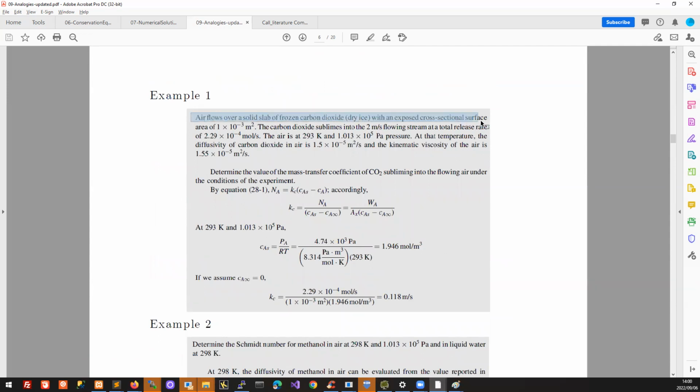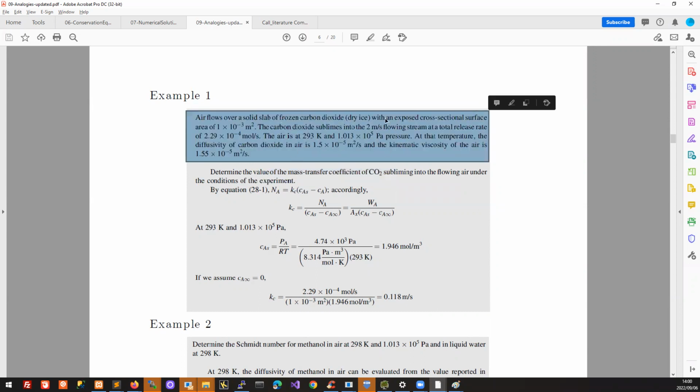And if you look at some of the examples in the set of notes, you can see here there's a problem. Air is flowing over the surface. There's carbon dioxide subliming around, and the viscosity is given. And we want to know what's the mass transfer coefficient. And if you think about it, this is a crazy thing to ask, right? If you look at all the data that's given here, a lot of it is not obviously related to mass transfer at all.